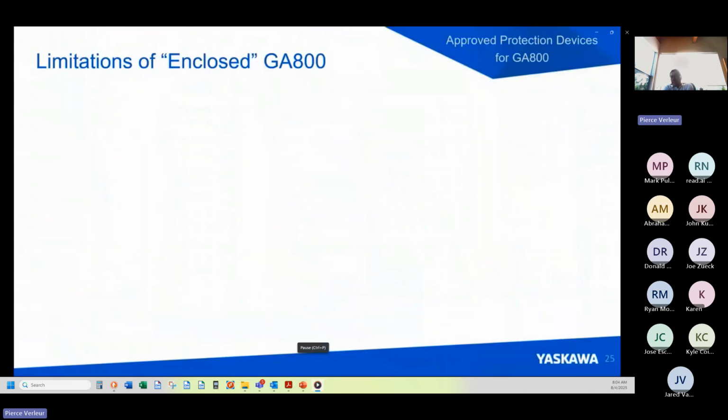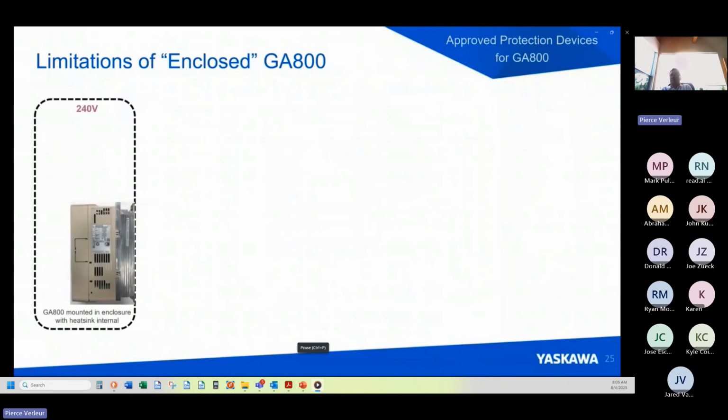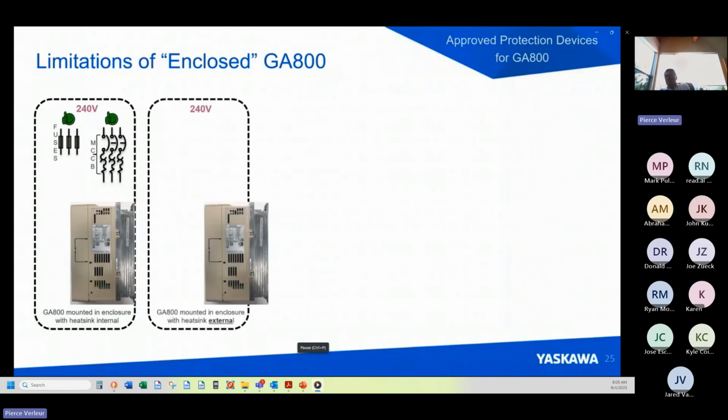Okay, now let's kind of show that a little bit more pictorially, the limitations of the enclosed GA800. So just drives that are in another enclosure. The 240 volt situation is actually pretty easy because we have both fuses and circuit breakers when the drive is completely mounted in an enclosure. This is always a thumbs up, no problem.